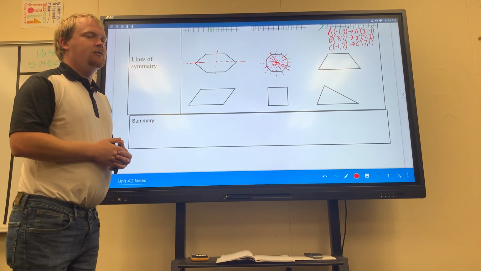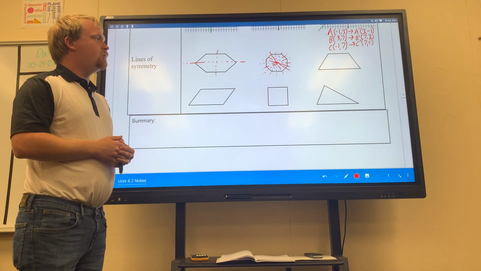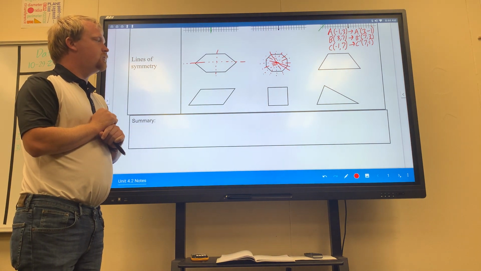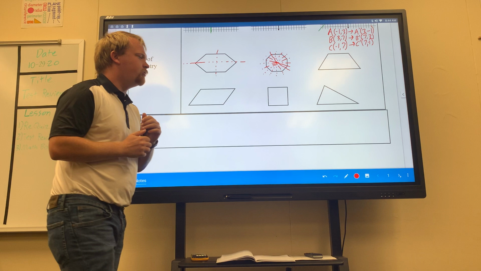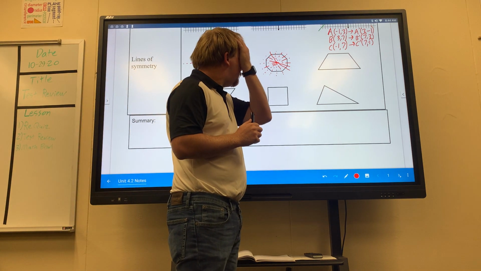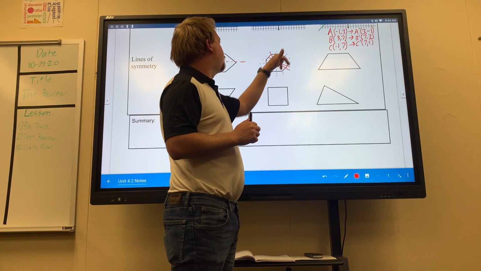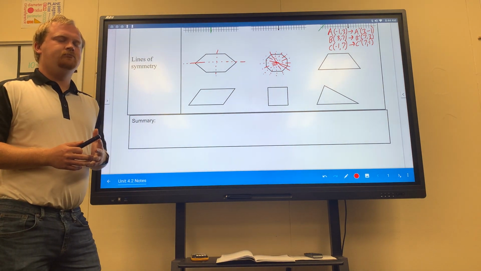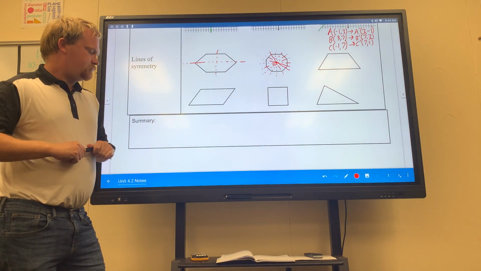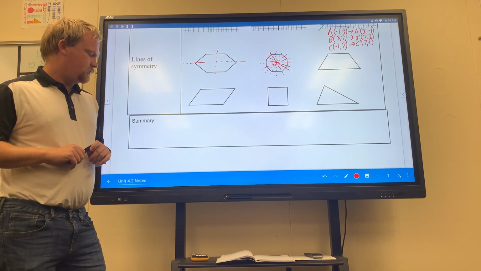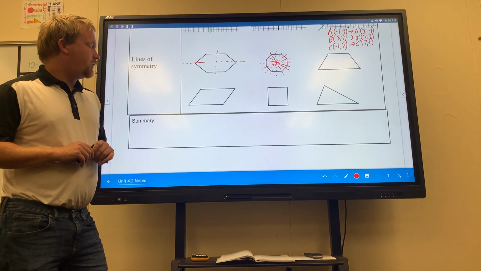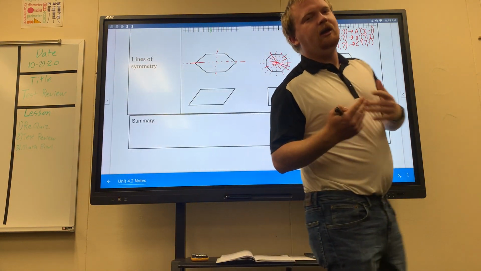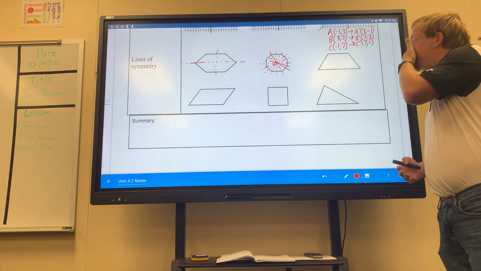No, 8. 8 lines of symmetry, not 9. I miscounted. Or at least I counted this line twice. So we have at least 8 lines of symmetry. Okay? So it can be folded evenly 8 different times.